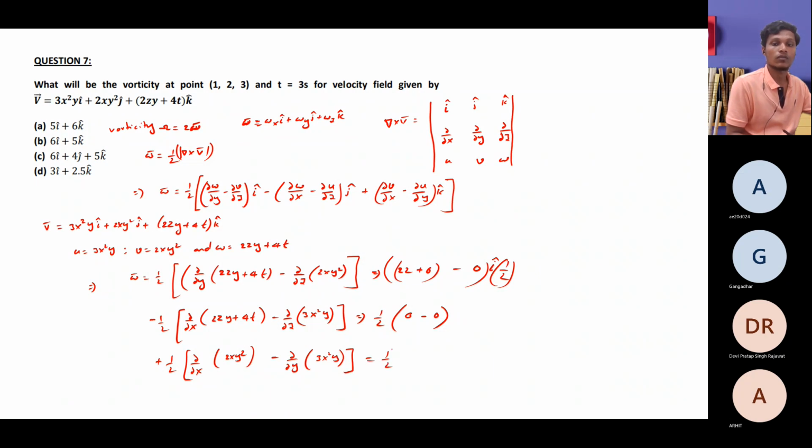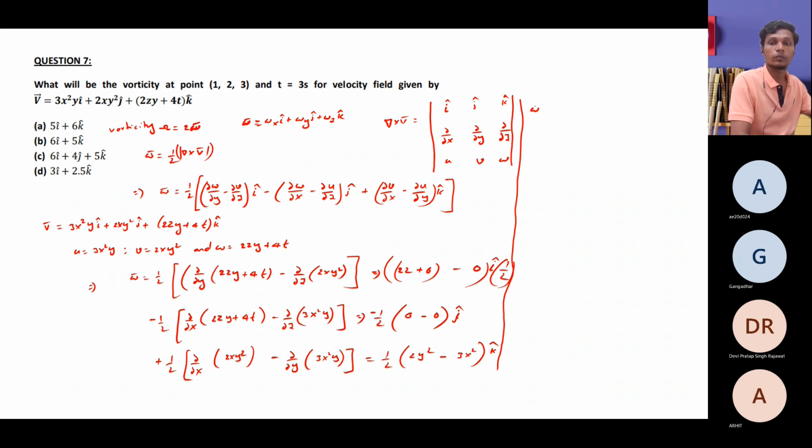This equals half of dou by dou x of 2xy², which is 2y², minus dou by dou y of 3x²y, which is 3x². So these are our vorticity parameters. Let's substitute these into omega.